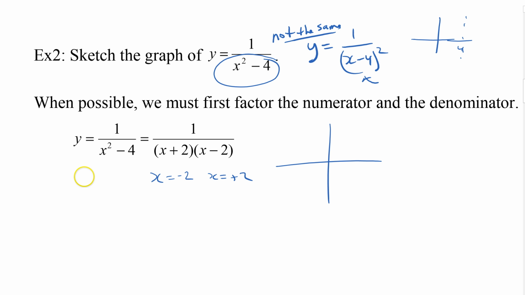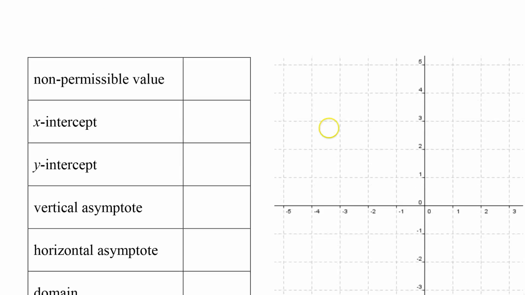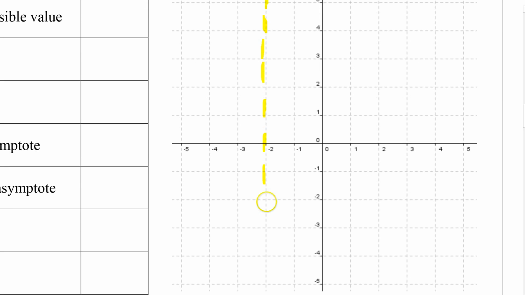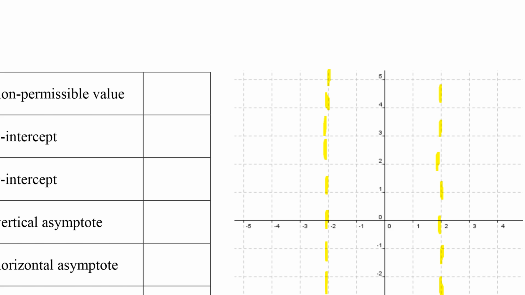So these are the vertical asymptotes. So right away where I have the minus 2 and the plus 2, I'm going to put these vertical asymptotes. Okay, so it's a little bit different than what we've seen before.